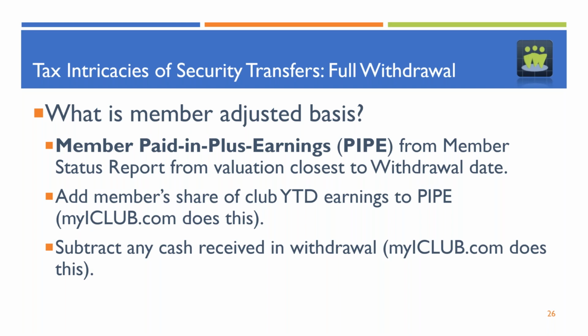The program will automatically do this when you process a withdrawal. And if they receive cash, the cash amount is subtracted from the amount above, and that gives you their adjusted basis just before the withdrawal. That's the basis on which any gain is calculated, and that's the amount that's transferred as cost basis to the shares received.